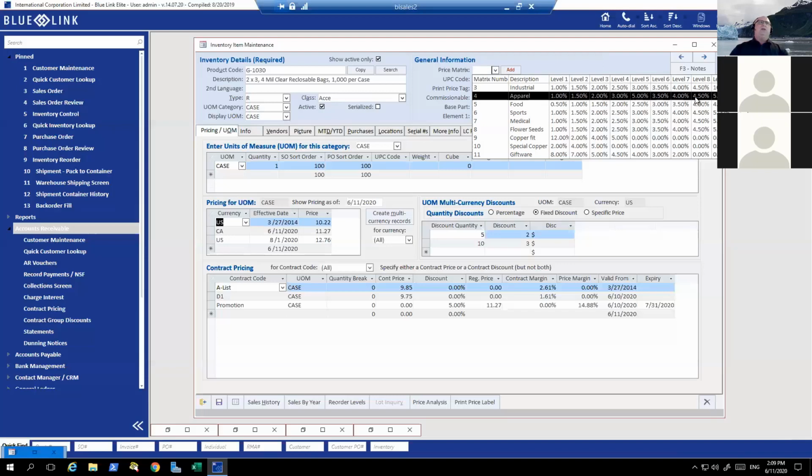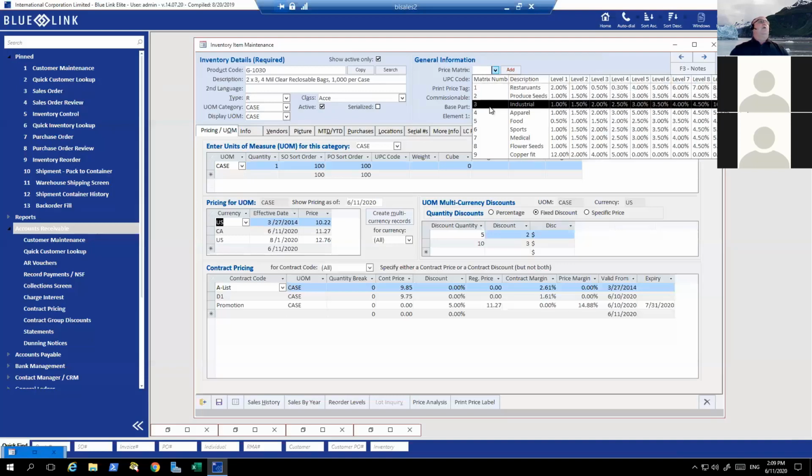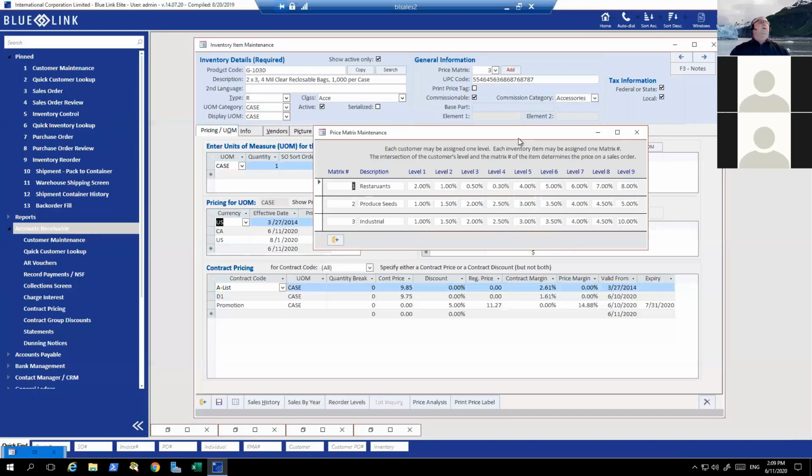And when you associate this particular product to a level, so for instance, I can say here product level 3 as an example, it's now going to use discount level 3, or discount grouping 3, for this particular product.